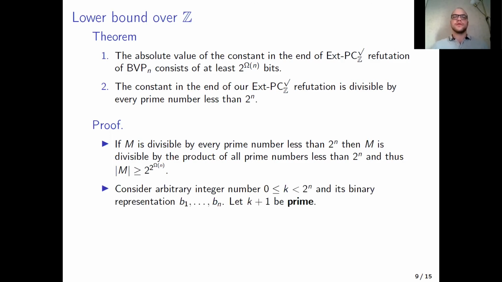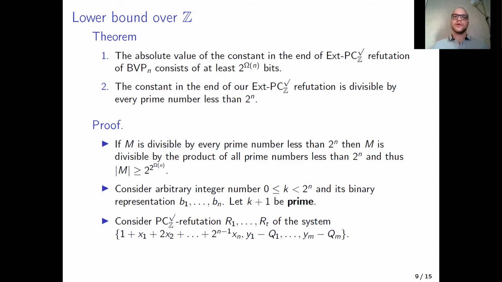Then we can consider an arbitrary integer k such that k plus 1 is prime, and k is non-negative and less than 2 to the power of n. And we can consider its binary representation. Then we can consider our refutation of the binary value principle.